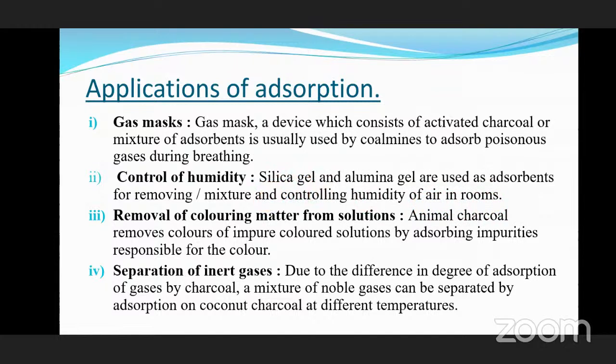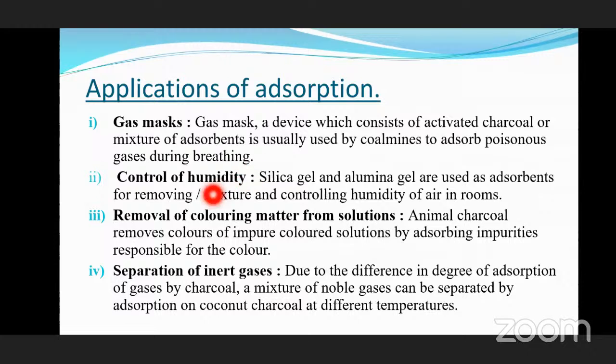For example, by using silica gel and alumina gel, it will adsorb and remove the humidity of the air in rooms. Generally, the air contains some humidity. Then we have to use silica gel. It will remove that humidity from our atmosphere. That is the best example under applications of adsorption.